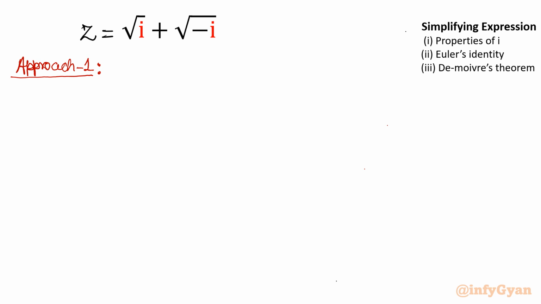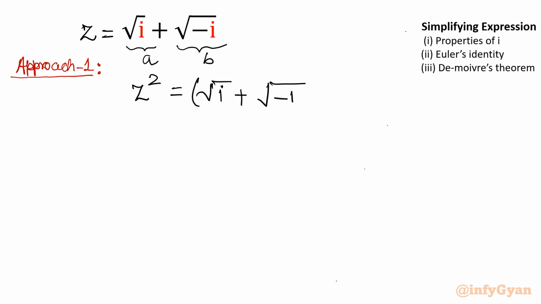Now, let us consider this square root of i as a and square root of minus i as b. Now, I am going to take the whole square on both sides. So it will become (square root i plus square root of minus i) whole square. Now it is (a plus b) whole square.